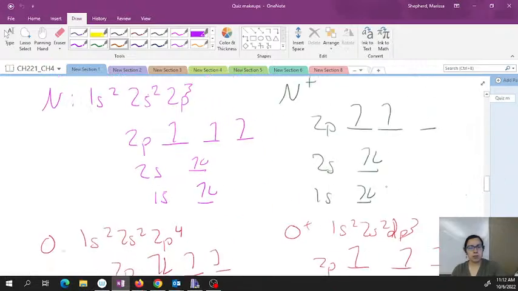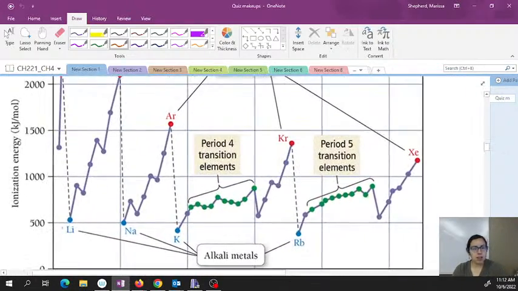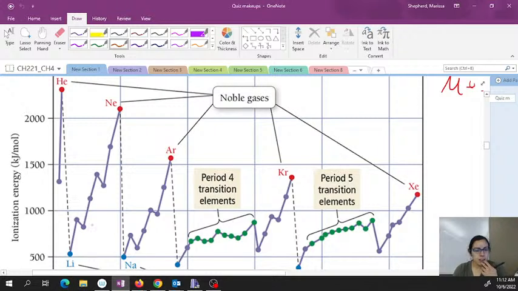Yeah, so you remember this oddity? So if you looked at it here, so ionization energy, so neon, fluorine, and then oxygen, nitrogen.